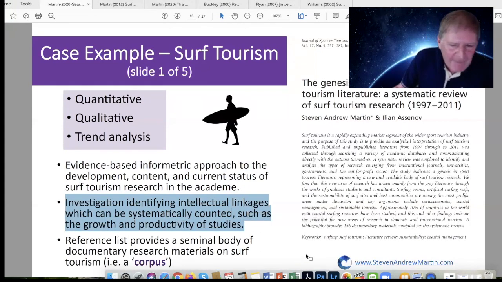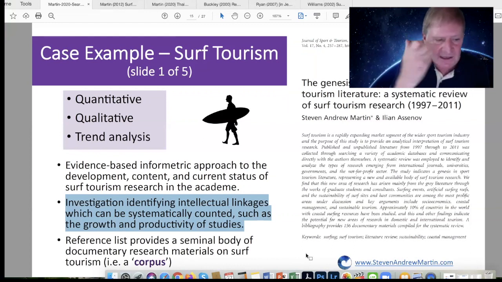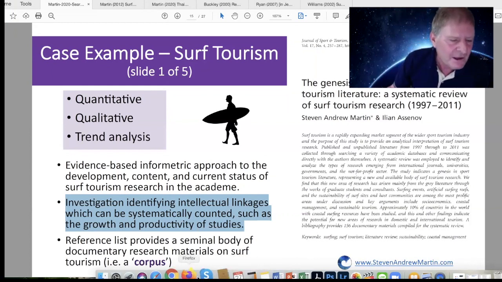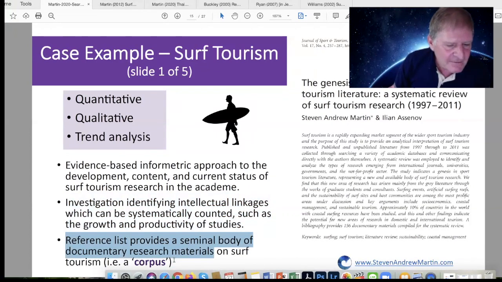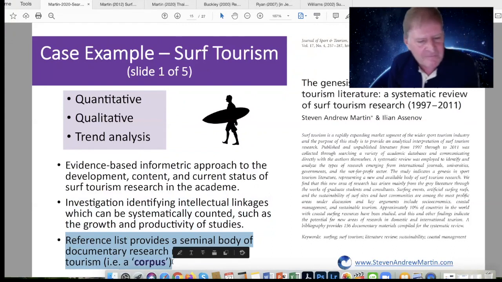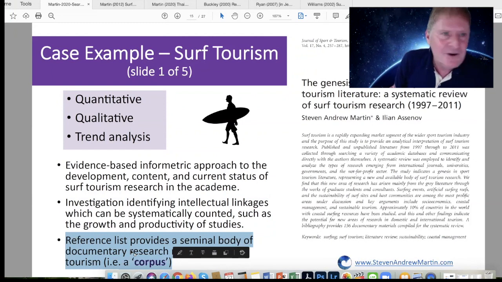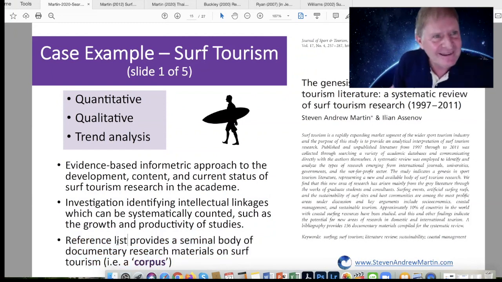Because what happened inevitably was that I was able to identify intellectual linkages which could be counted and then look at the growth and productivity in the field of study. And I'll explain more why this became so valuable. And secondly, my 156 pieces of literature that you saw, my library, if you will.